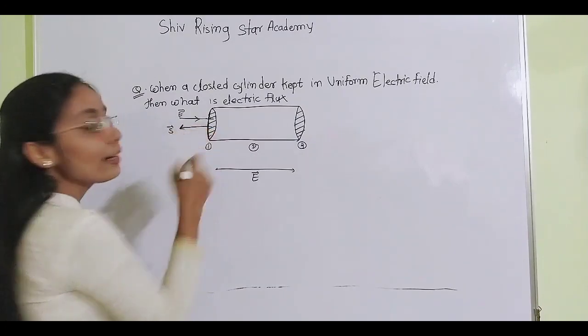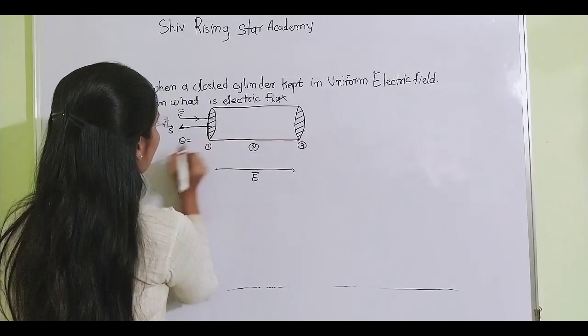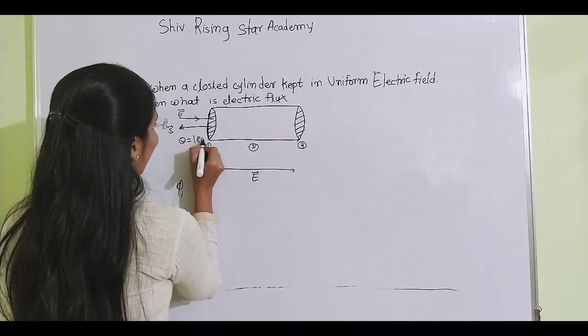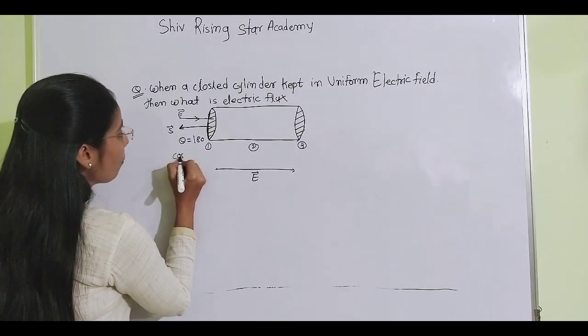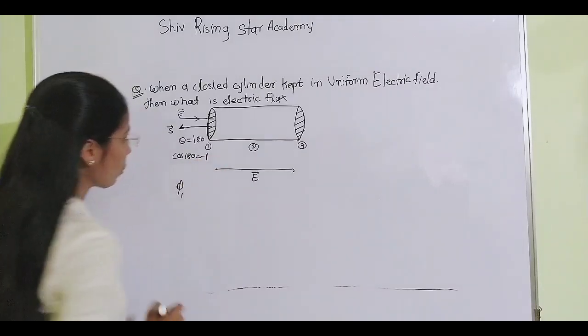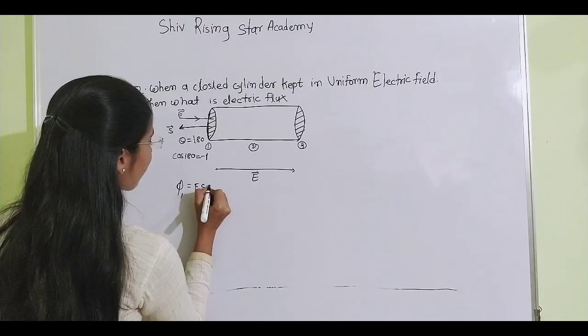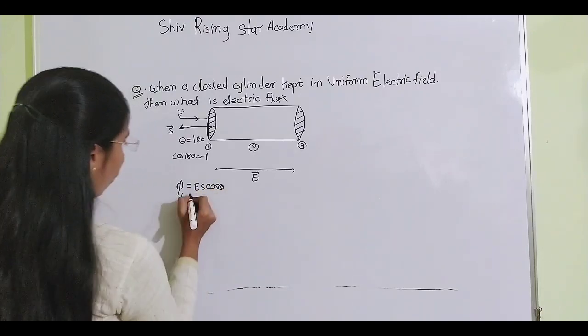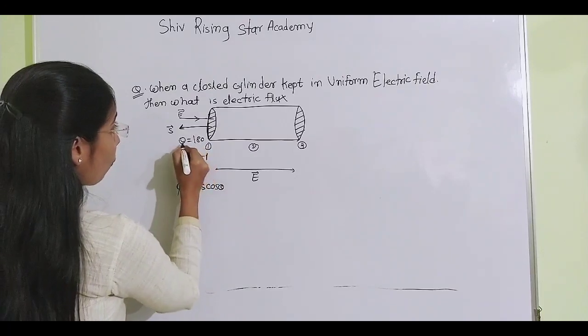Both are in opposite direction, so here theta is 180 degree, and we know that cos 180 is minus 1. So phi is equal to ES cos theta, where cos theta is cos 180.